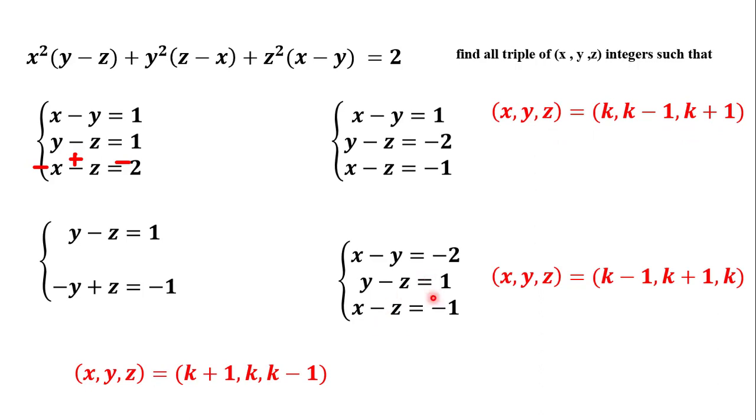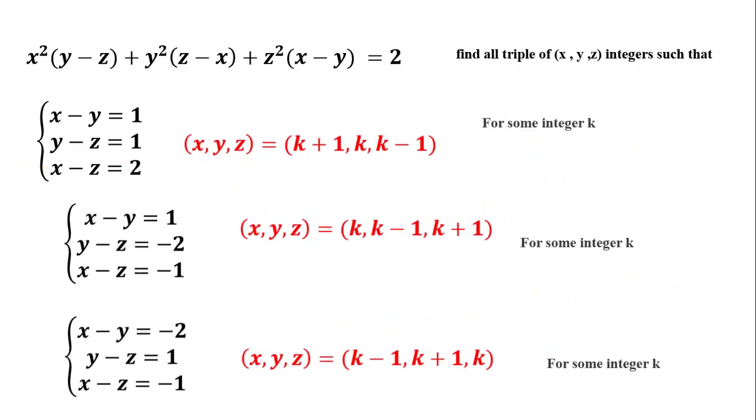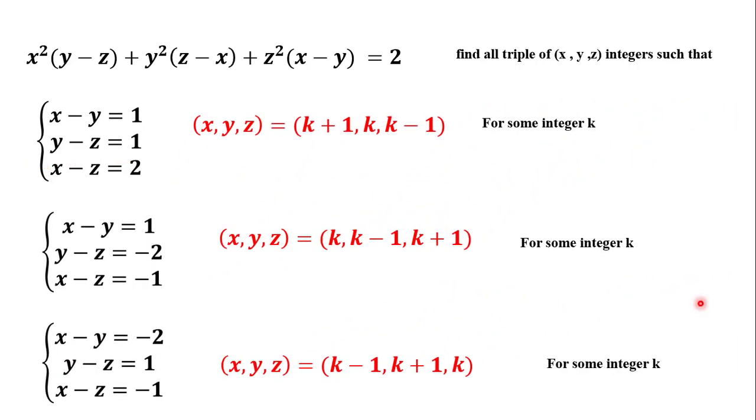Also, the third system of equations has infinitely many solutions, where the relation between x, y, and z is k minus 1, k plus 1, and k. Notice that k is an integer.